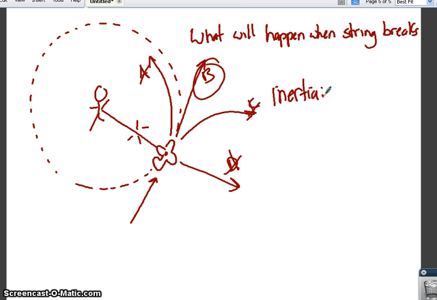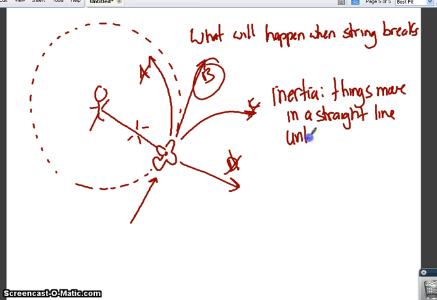So inertia: things move in a straight line unless acted on by an outside force.